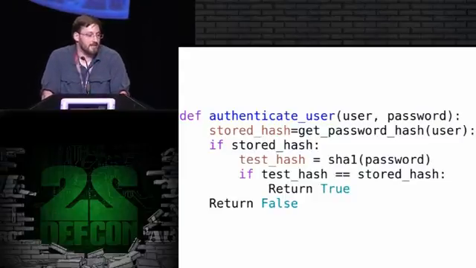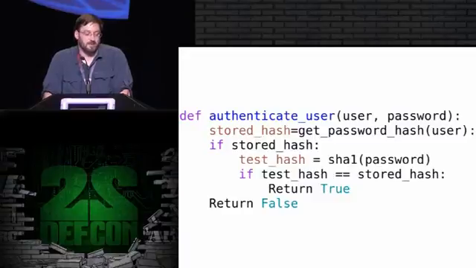I know there are issues with this, but this is sort of the basic workflow. The obvious timing attack here is that if the user doesn't exist in the database, this will take a lot less time to run. So an attacker can use this kind of workflow to guess a bunch of users in the database, and use that to accelerate their attacks.